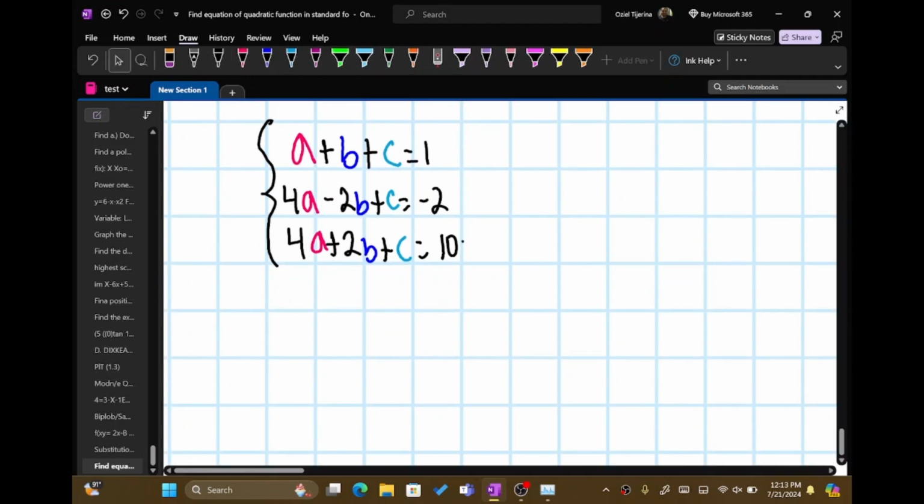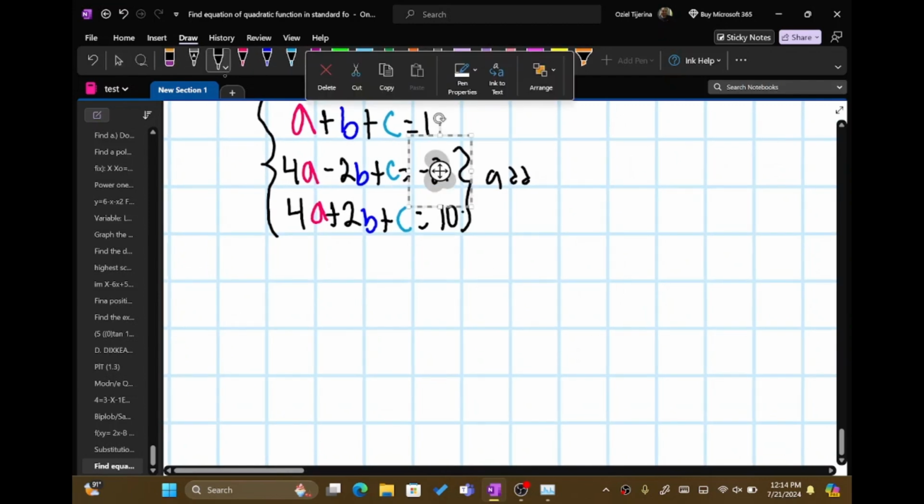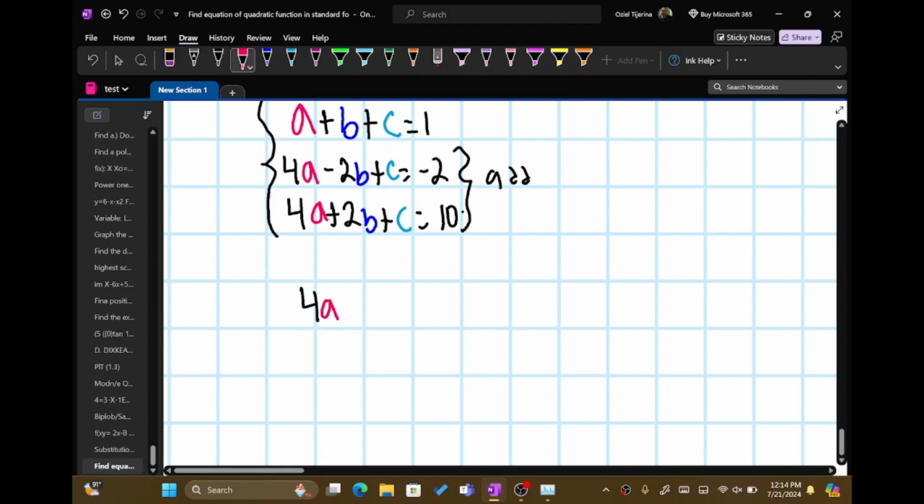So, let's go ahead and add these two equations. So we're going to do 4a plus 2b plus c is equal to 10.